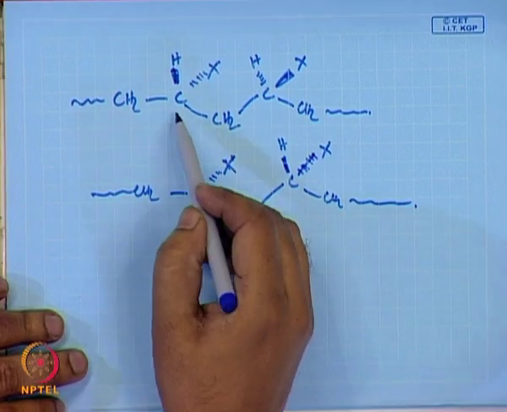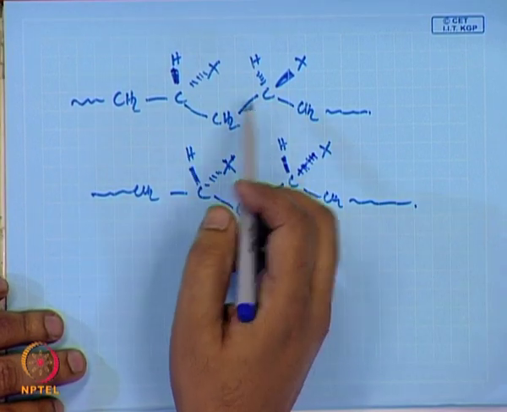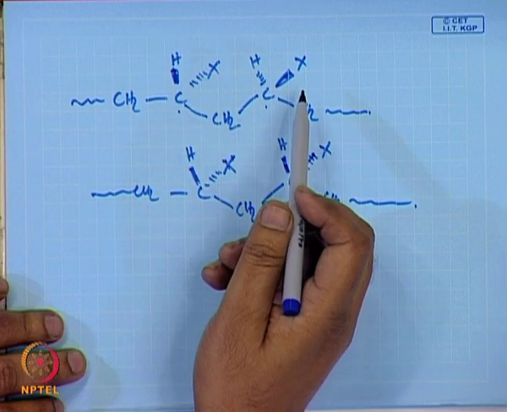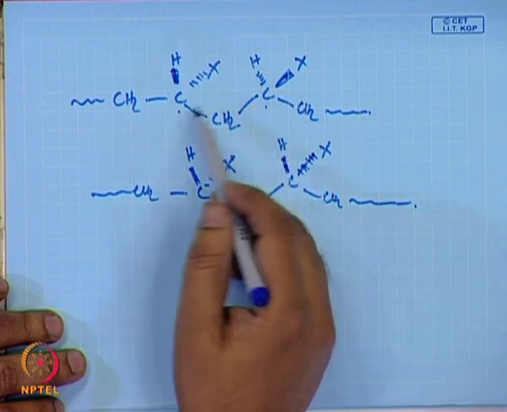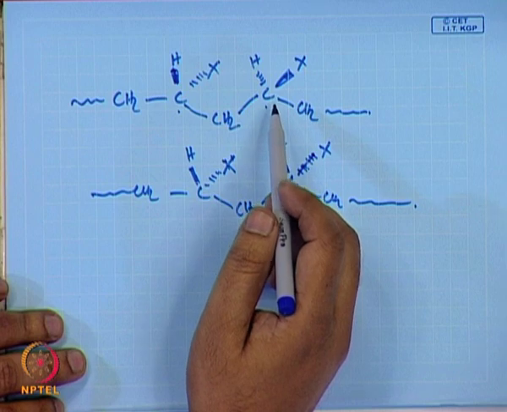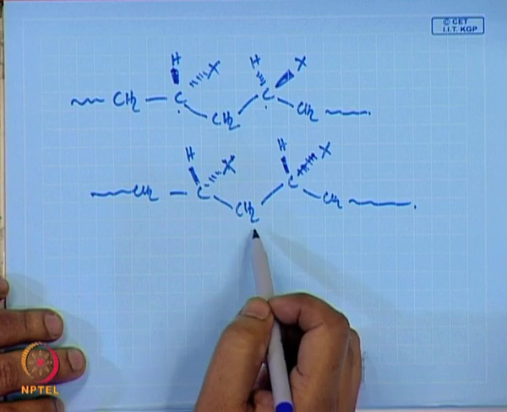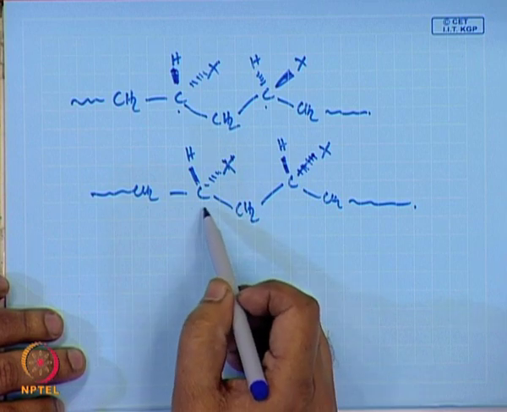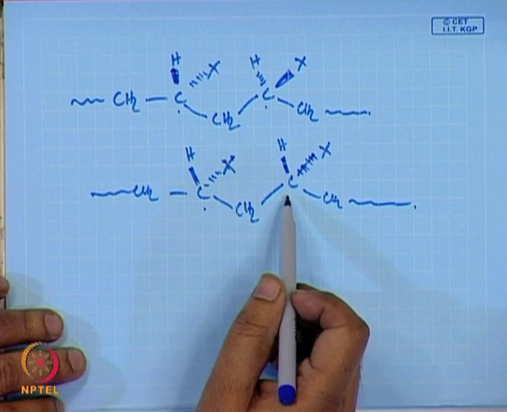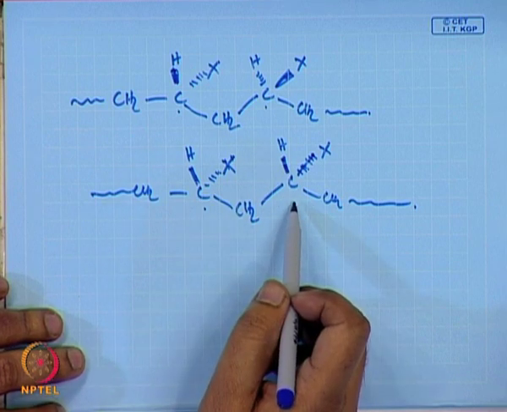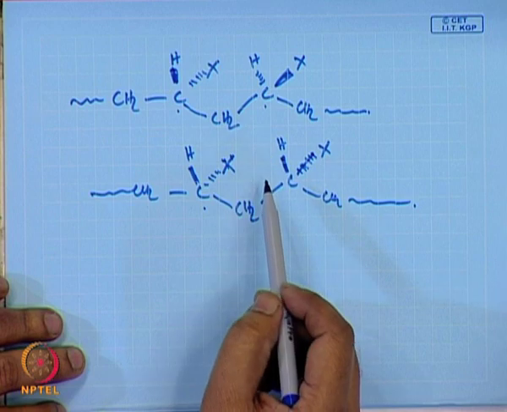So, basically in this case these two carbon atoms have different configuration. If this is R, then it will be S, whereas in this case they have the same configuration. If this is R, then it is also R. So, that is two possibilities.